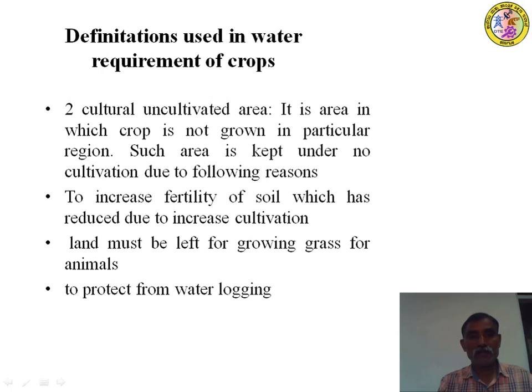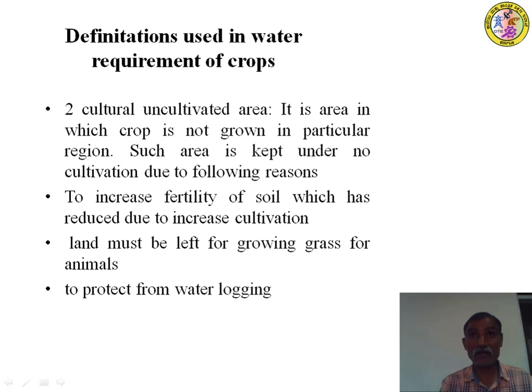Uncultivated area is an area in which crop is not grown in a particular season. Such area is kept under no cultivation due to the following reasons. It may be to increase the fertility of the land.